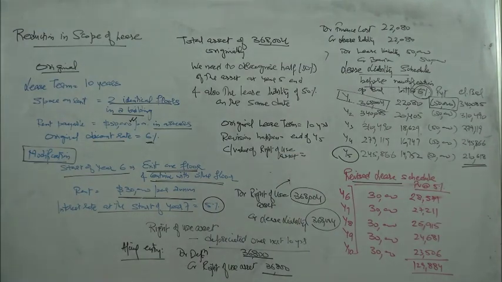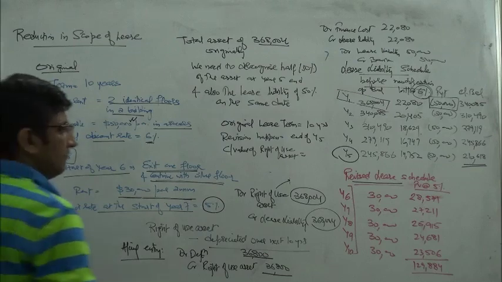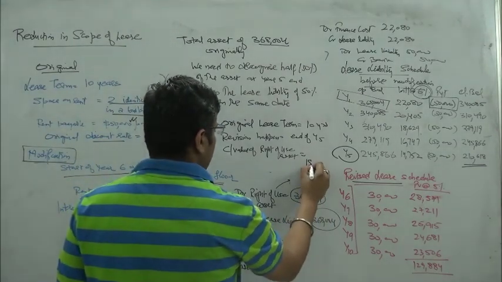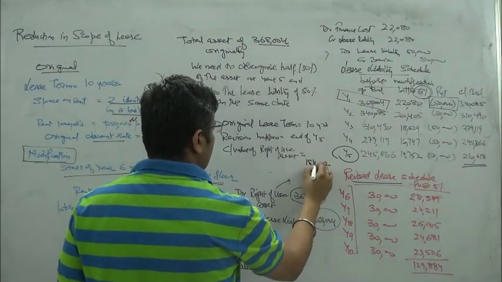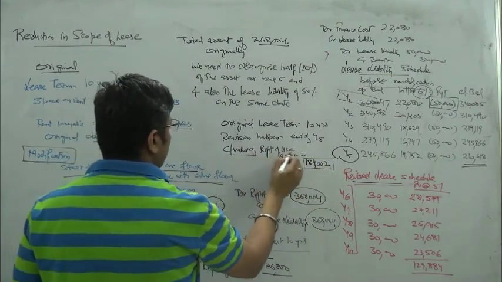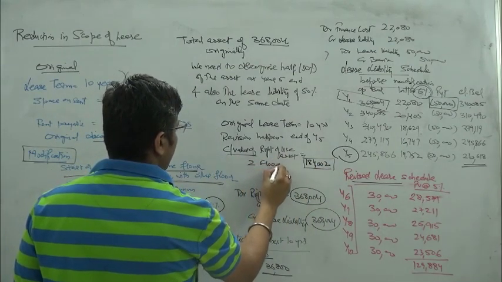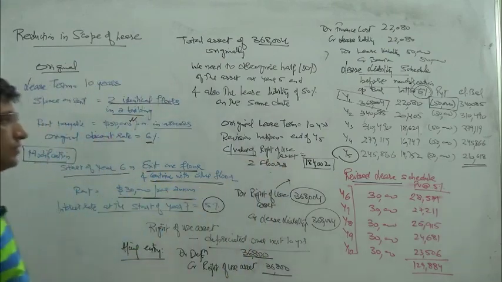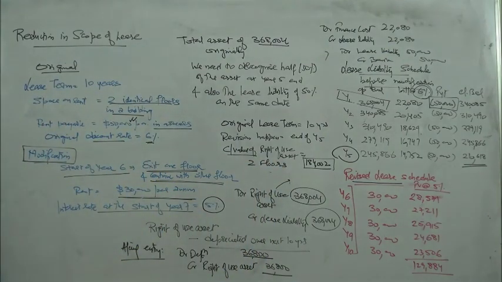Right? Is it okay? So what we are getting here is the value of 184002. This is nothing else but the carrying value of 2 floors here. Okay, right?